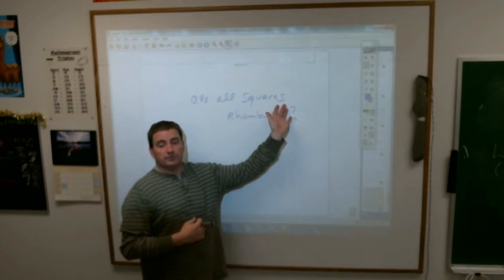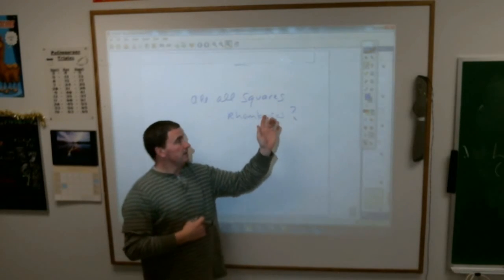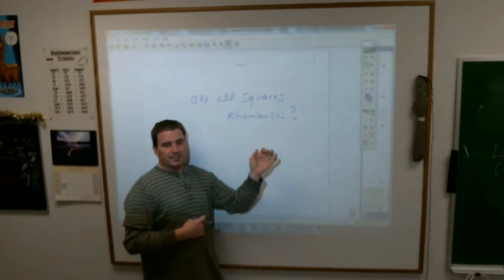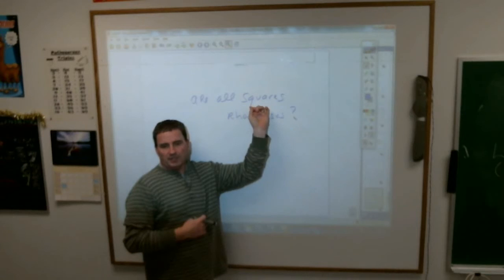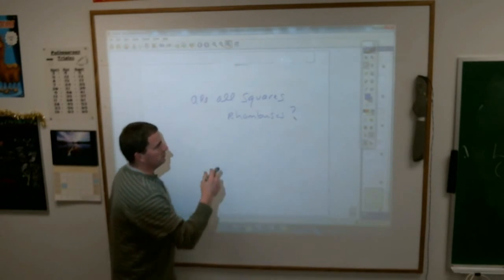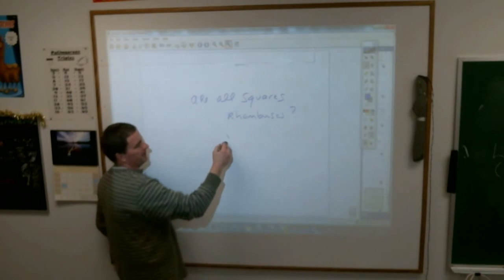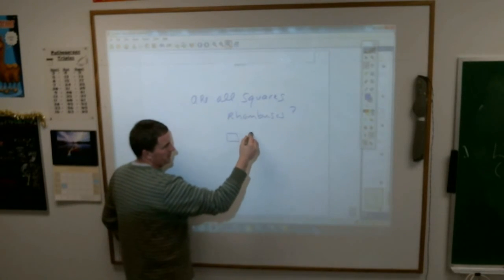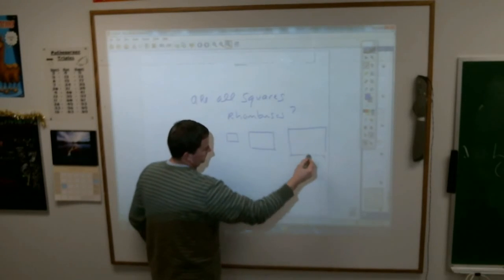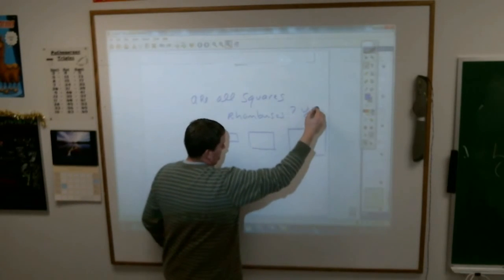Four right angles, four equal sides. What's the definition of a rhombus? Just four equal sides. Can you draw a square that doesn't have four equal sides? No, then this would be true. All squares have to be rhombuses. Sit down and draw yourself a couple of them and try to find one that doesn't have four equal sides. So the answer to this is yes.